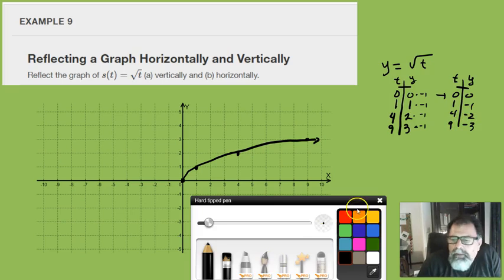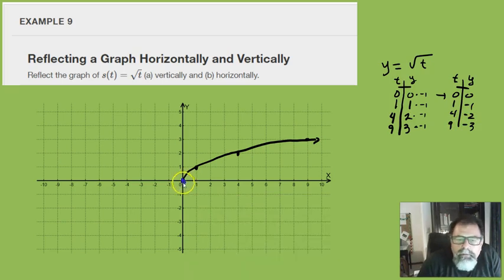Let's do this one in blue. So 0, 0, 1, negative. So I'm looking at this one, my reflection across, or about, or through the x-axis.